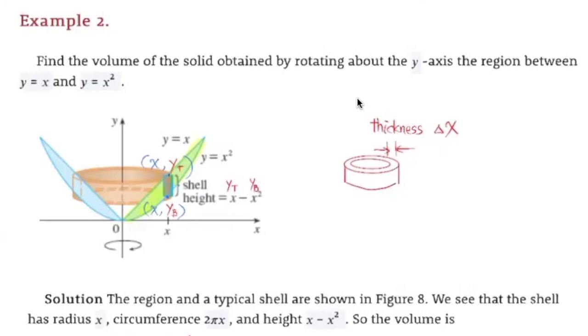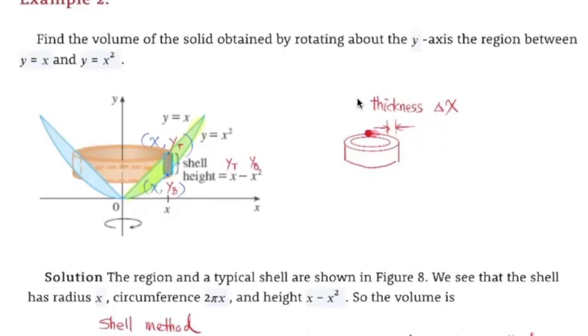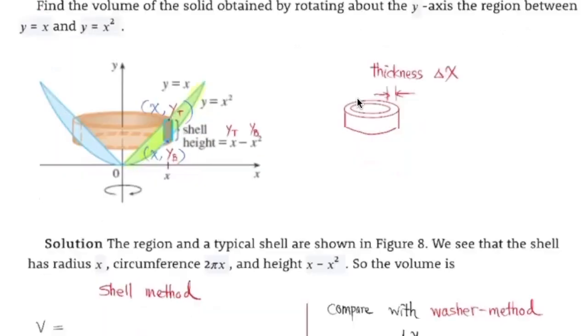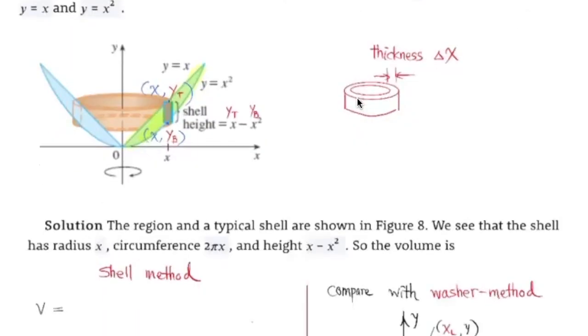Let's label this point x comma y b, the y coordinate at the bottom. So this is a typical shell right here. The thickness of the shell is delta x. Let's use the shell method, and later we're going to use the washer method, and see if we get the same result.